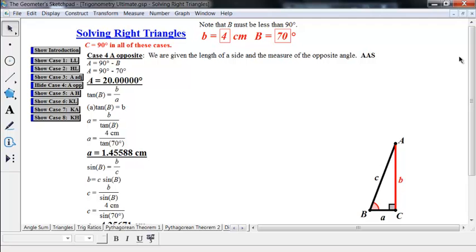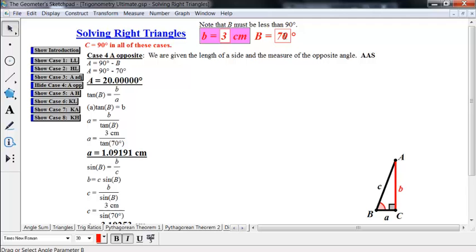Okay, I believe I said 3 centimeters here and 80 degrees here, so let's check that one. To find the other angle, angle A, it's 90 degrees minus 80 degrees, so that leaves 10 degrees for angle A. To get the sides, we have angle B, we're looking for side A, we have the opposite side, we're looking for the adjacent.